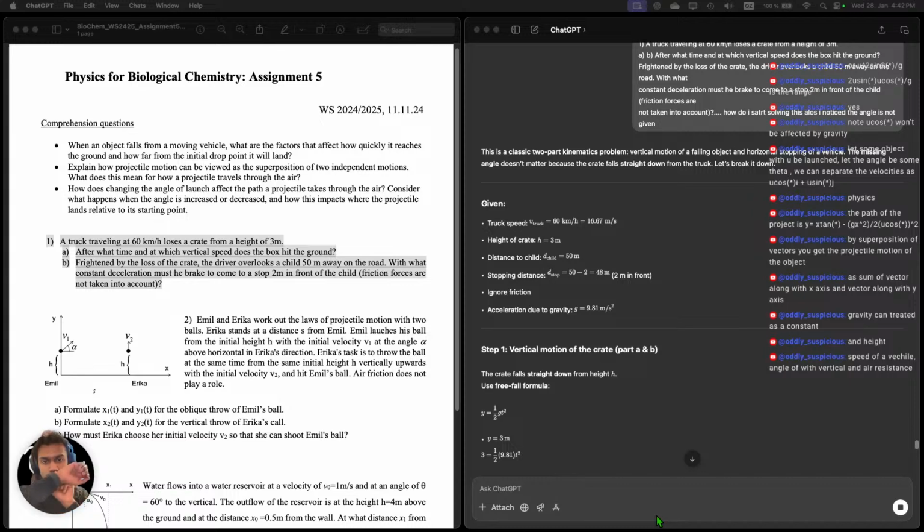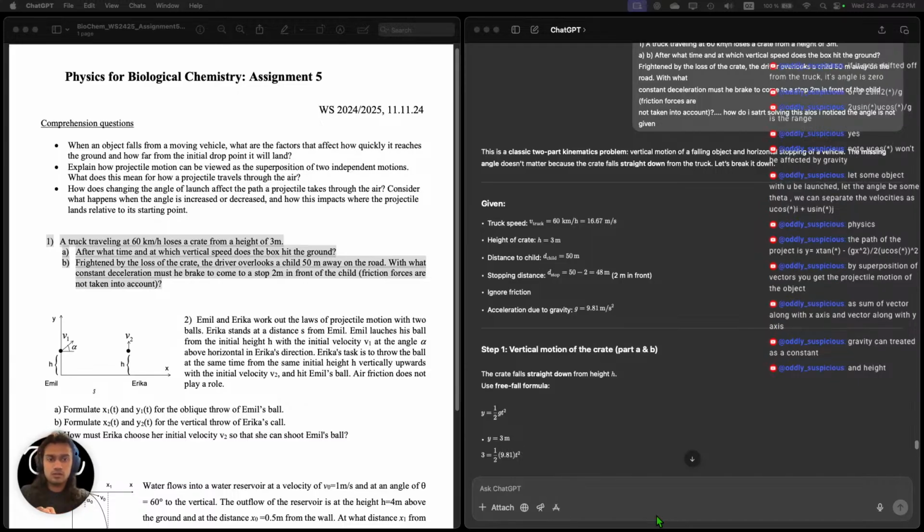If it drifts off from the truck, its angle is 0. Kind of makes sense, yeah. It's not up, it's just horizontal.